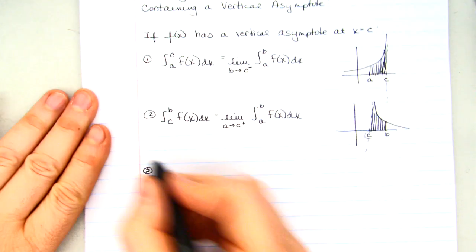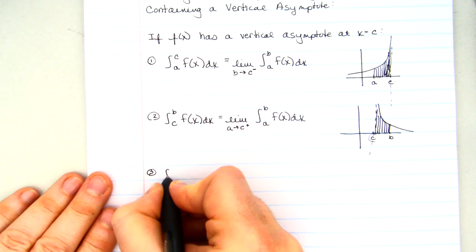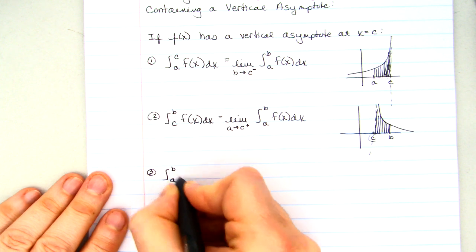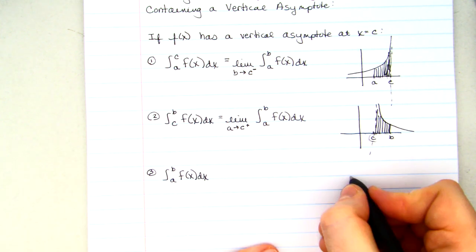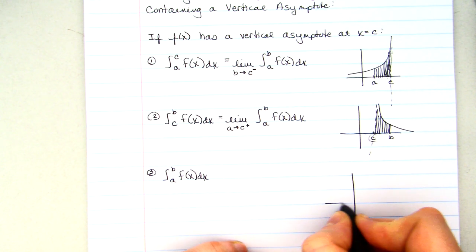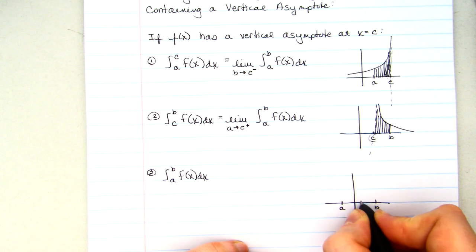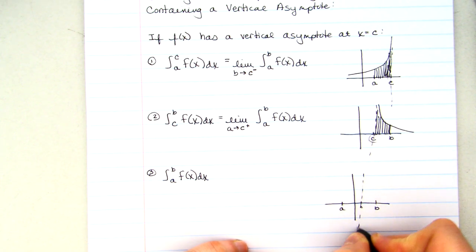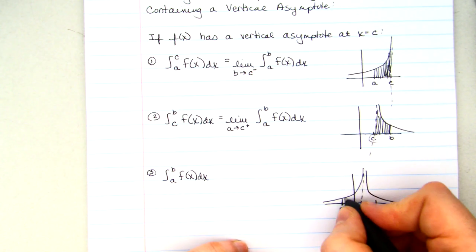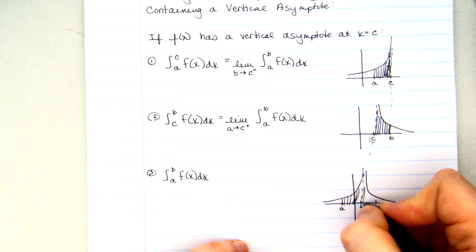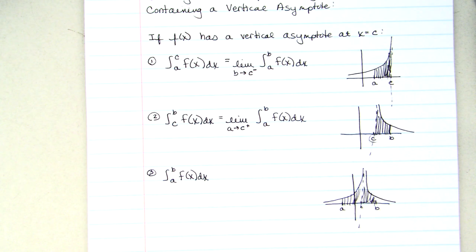There's one other case. If we want to do the integral from a to b of f of x dx, and this is an interval that has a vertical asymptote in the middle of it. So let's say I have something like this, and I want to go like that, and I want to go like that, and I want to try to find, if possible, that shaded area.